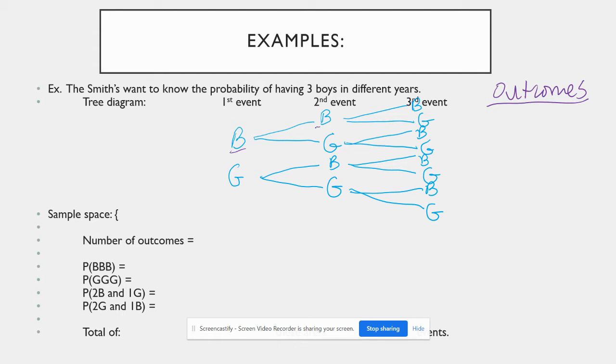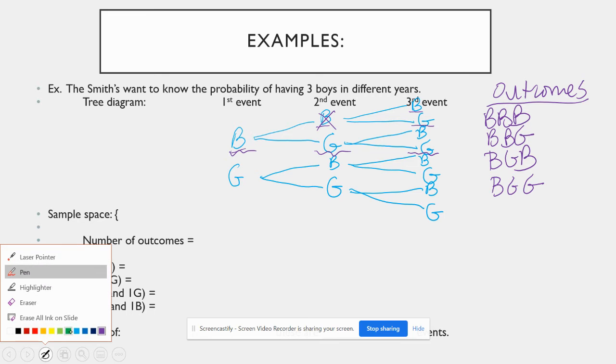We have boy, boy, boy. And then boy, boy, girl. Now we're done with this. So we come here. Boy, girl, boy. We're following the branches of the tree diagram. Boy, girl, girl. So we finish with that top one.